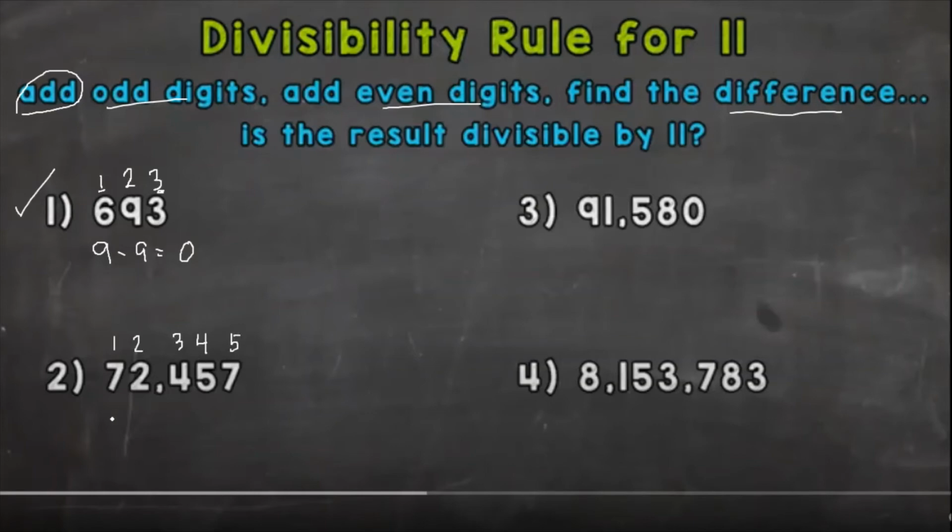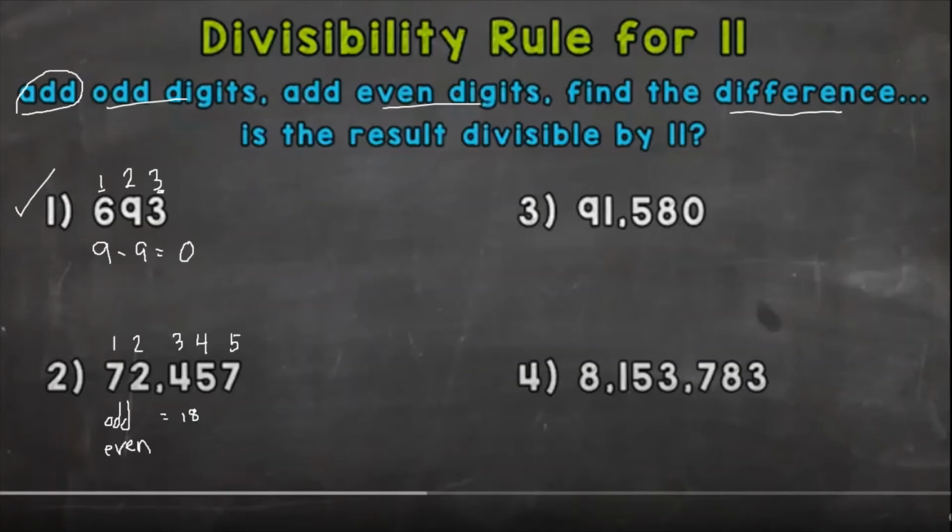Now, first, of course, we're going to add the odd digits and the even digits. For the odd digits, we have here 7. 7 plus 4, we have here 11. 11 plus 7, the answer is 18.